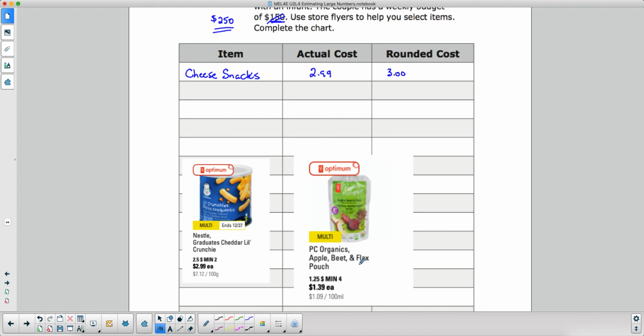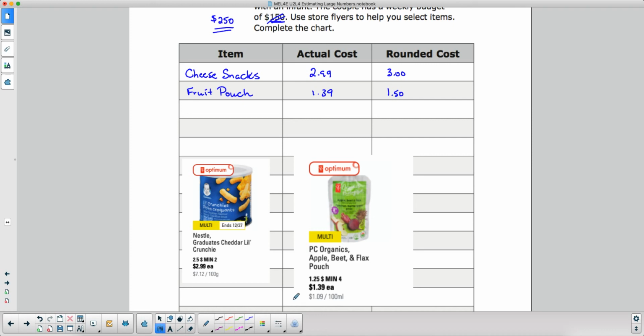And this little organics apple beaten flax pouch, so this is a fruit pouch, we're going to keep in our head not $1.39, that's silly. We're going to round that up to, and I usually go to the closest 50 cents, so $1.50. So this is the rounded cost that we're going to keep in our head. So I want you to do the same thing. Go and find online.